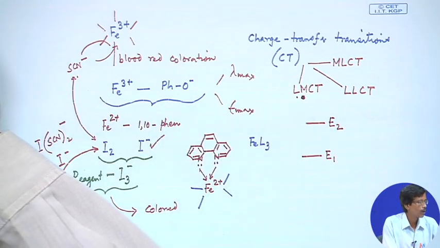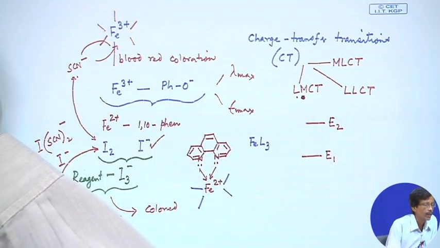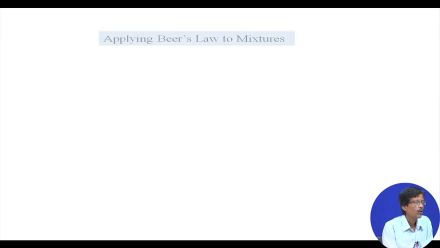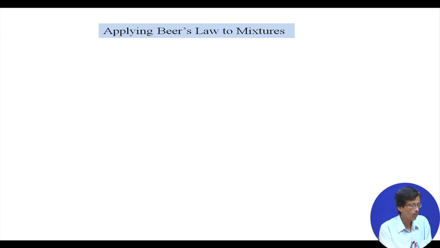This particular one, which is devoid of any metal ion presence, still gives rise to a charge which can be transferred from the iodide ion to the starch present. So, it is I3 minus or I5 minus if two of the iodine molecules are attached to this framework of absorption. Now, how we can quantitatively apply Beer's law to mixtures, that we will see.